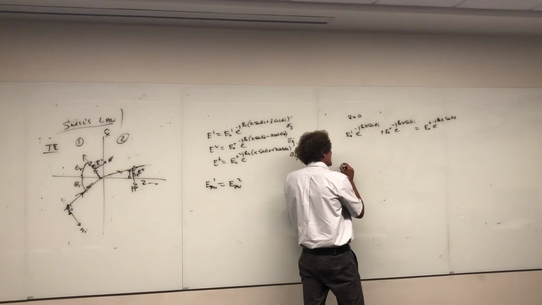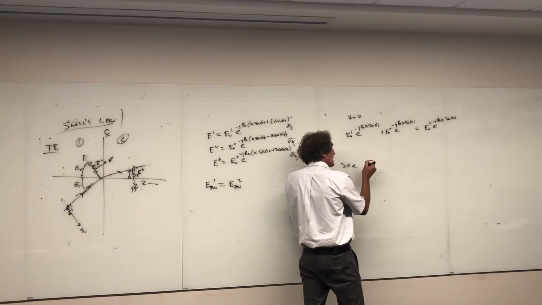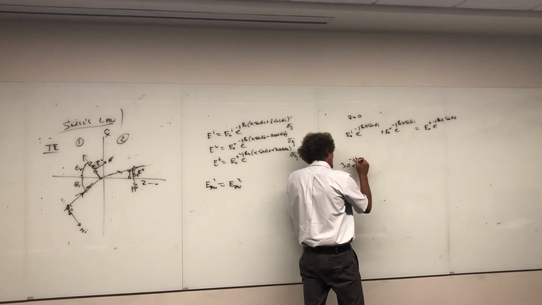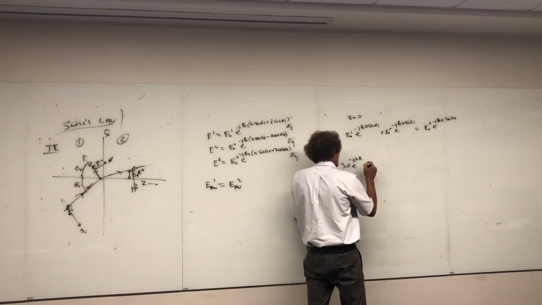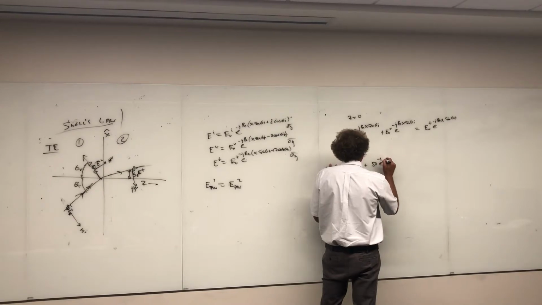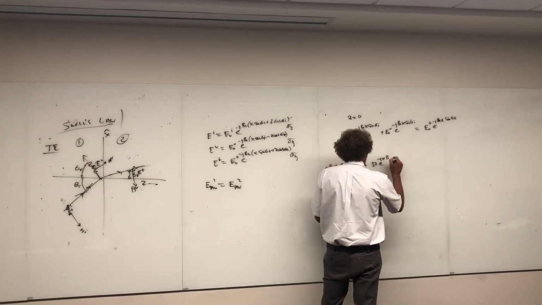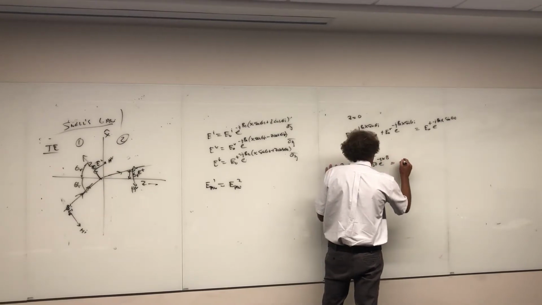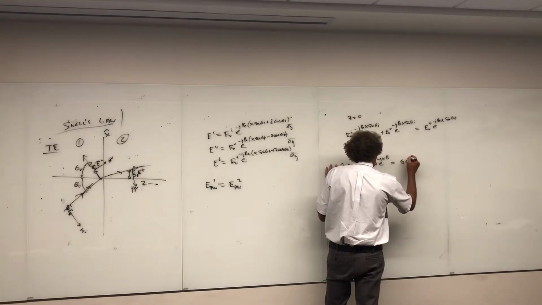Suppose I have something like 30 e to the minus j, and I'm just going to put x right here, say, times a, plus 50 e to the minus j x b is equal to 80 e to the minus j x c.